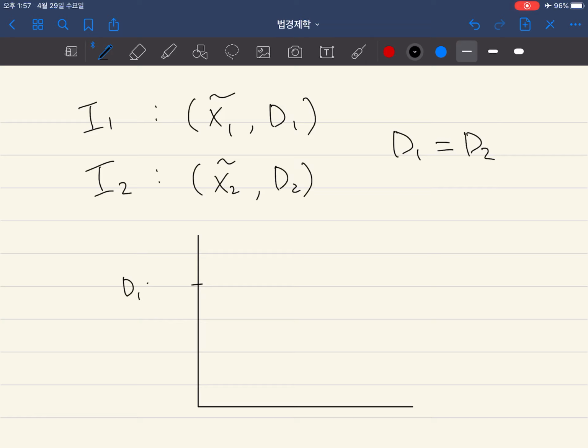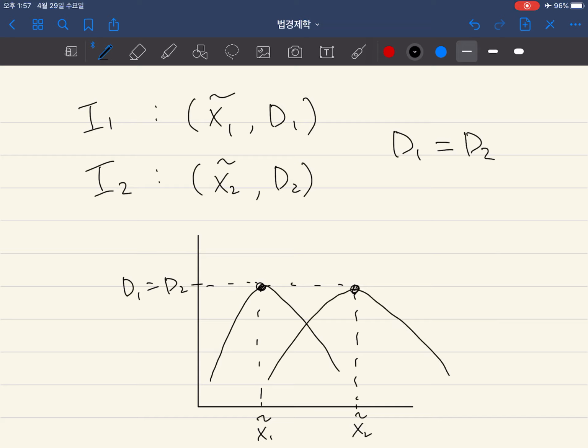Let's say x1 tilde is here, x2 tilde is here. Then the first isocost curve has a peak at this point, so it's going to be something like this. Then the second isocost curve has a peak over here, so it's going to be something like this.